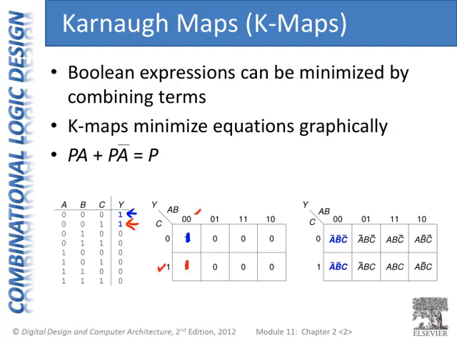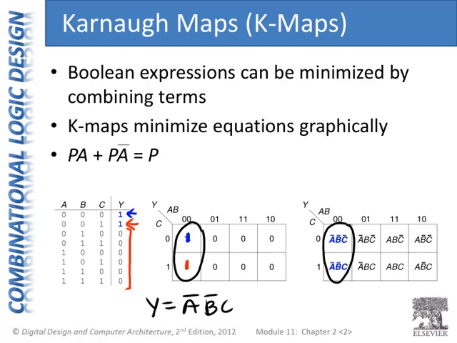And the rest of the boxes contain zeros. And now we can circle ones in adjacent boxes. So we circle those two ones, and that's effectively saying Y equals A bar, B bar, C bar, or A bar, B bar, C, those two minterms.